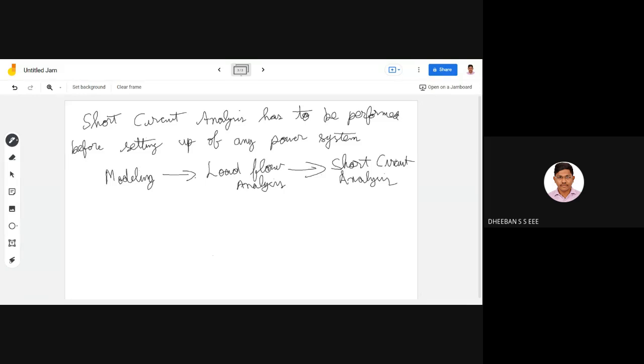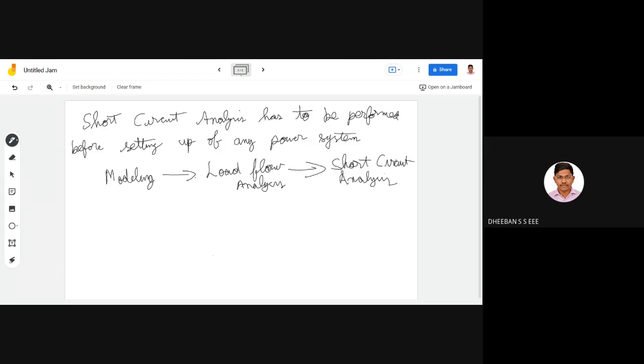So now we'll be seeing various points regarding your short circuit analysis, and after that we'll be moving towards your definition of the short circuit ratio and everything.